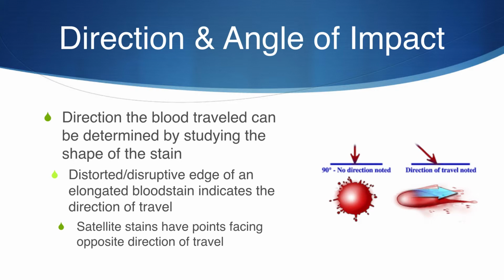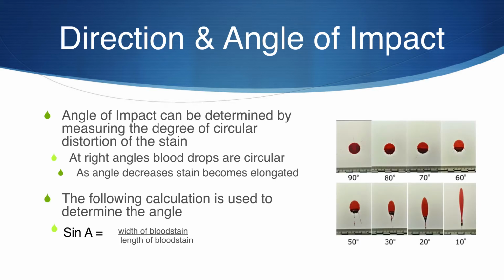And so the satellite stains will have points facing opposite directions, but it gives an idea as to the origin of where that individual was when they were struck and as the blood was flying to create that spatter.